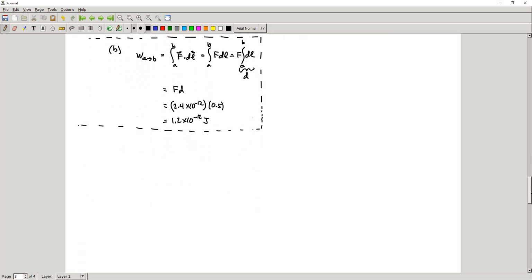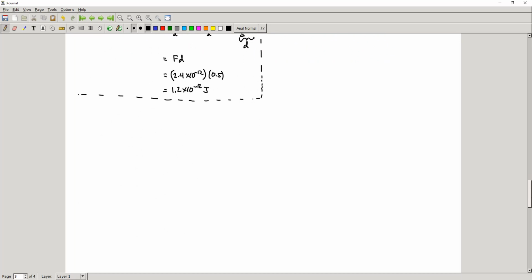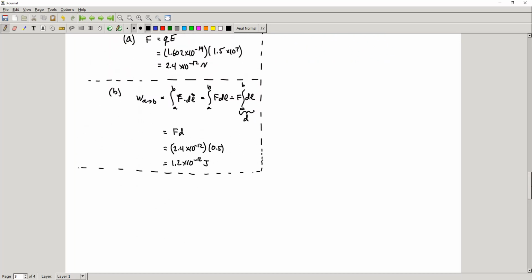And I'm saving some space here because I have a little discussion I want to have after we do the next part. I did want to mention that since we're talking about joules here and we just talked about electron volts, we could write this in terms of electron volts. So let's say we wanted this in terms of electron volts. We could simply take our 1.2 times 10 to the minus 12 and then multiply it by 1 electron volt over 1.602 times 10 to the minus 19 joules, right?